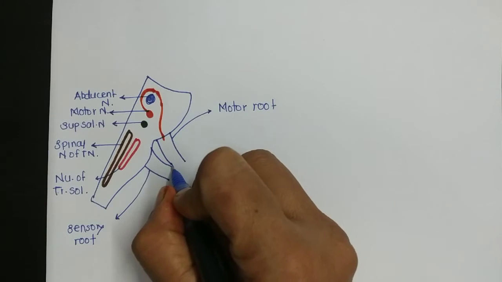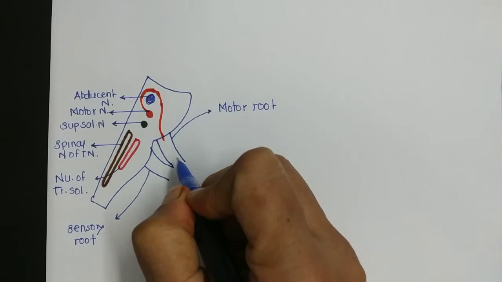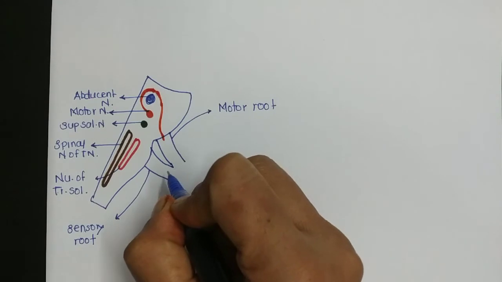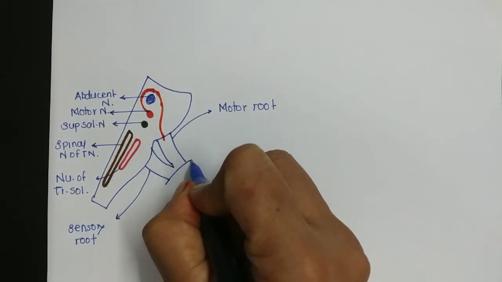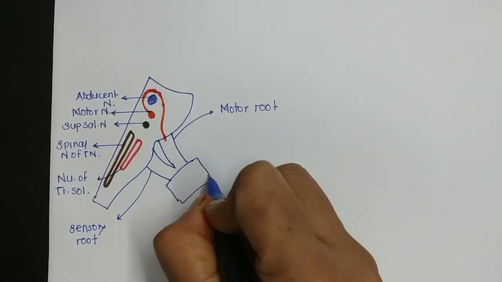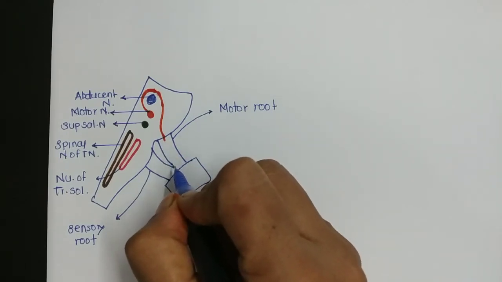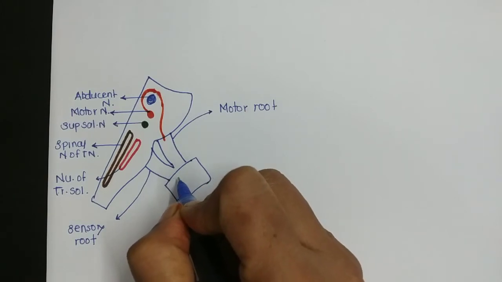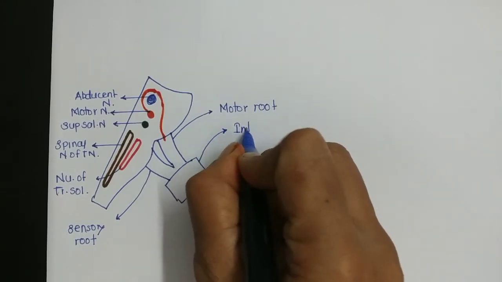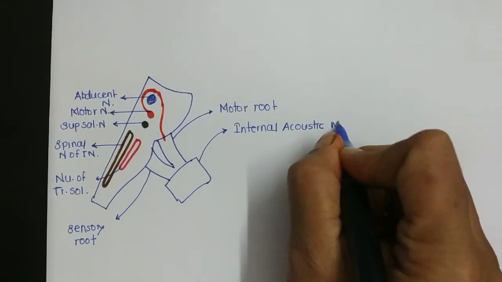So in the intracranial course, the two roots, after arising from the brainstem, pass laterally and forward along with the 8th cranial nerve and reach the internal acoustic meatus. So this is the internal acoustic meatus. These two roots along with the 8th cranial nerve, that is the vestibulocochlear nerve, go to the internal acoustic meatus. So this we will label internal acoustic meatus.